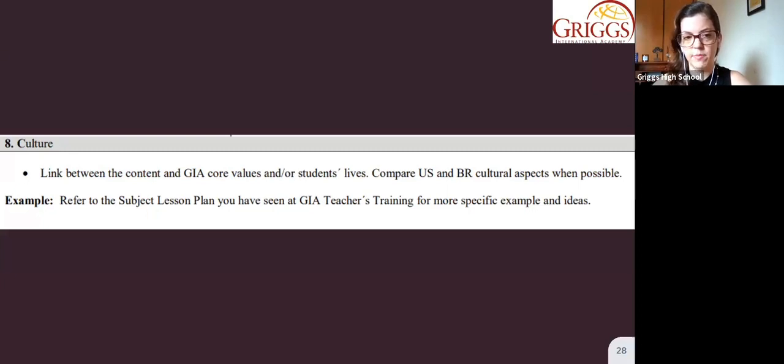You could also have a moment like, okay, now I want you to talk in groups and discuss how you can relate one of the GIA values you can choose with this specific thing that we're talking about. So you bring this up.